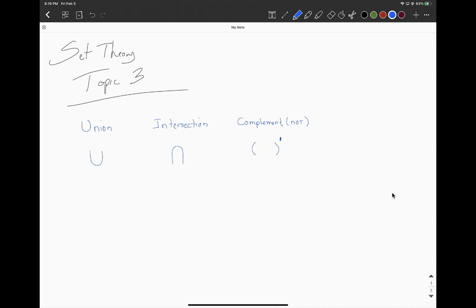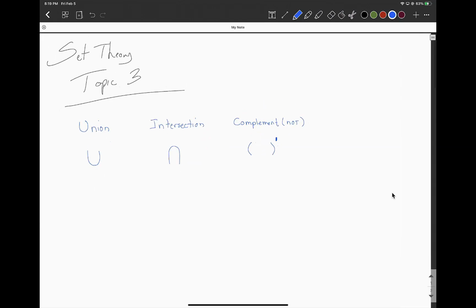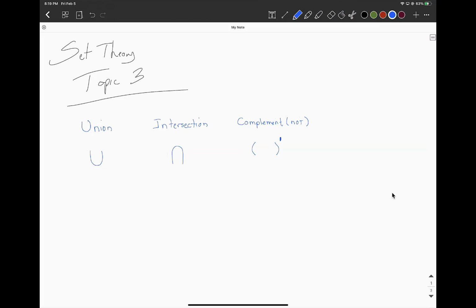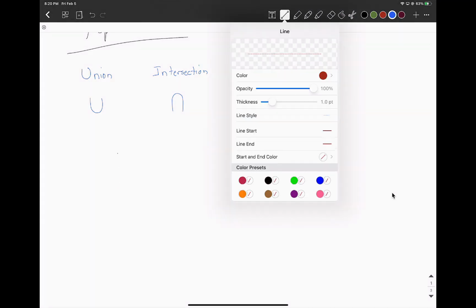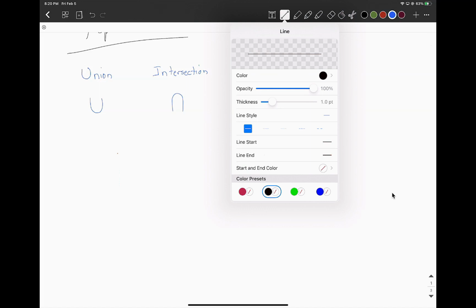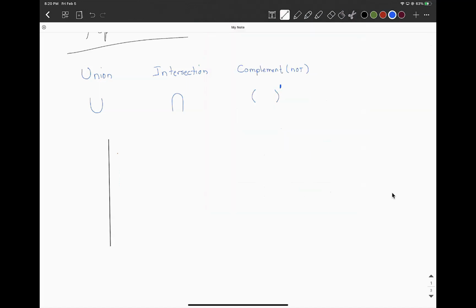We're going to play with these symbols to get at very specific regions and describe certain things. So I can create a diagram and a scenario where this could be relevant. Let me draw a little bit of a universe and put 20 people into it.